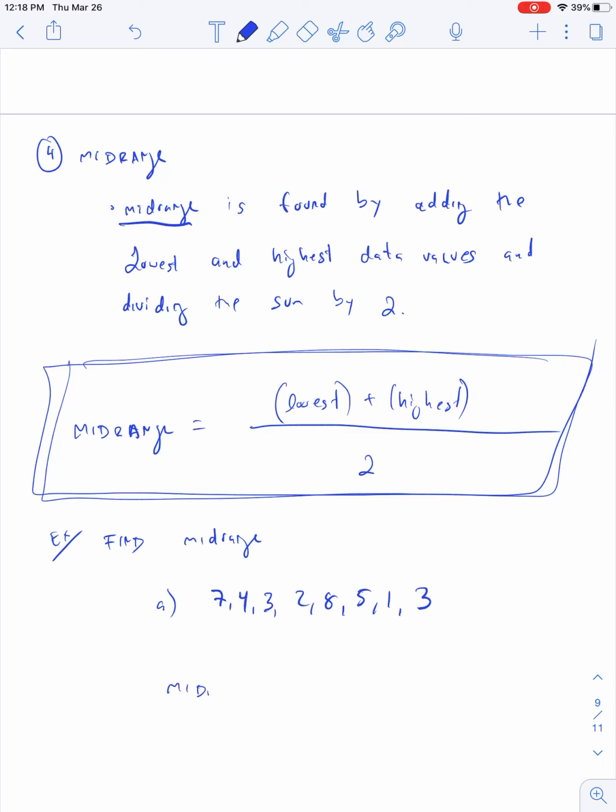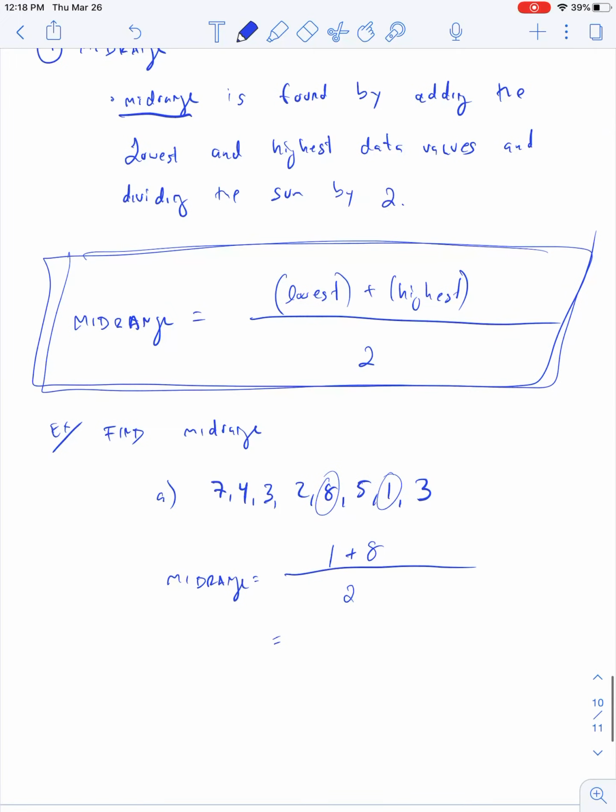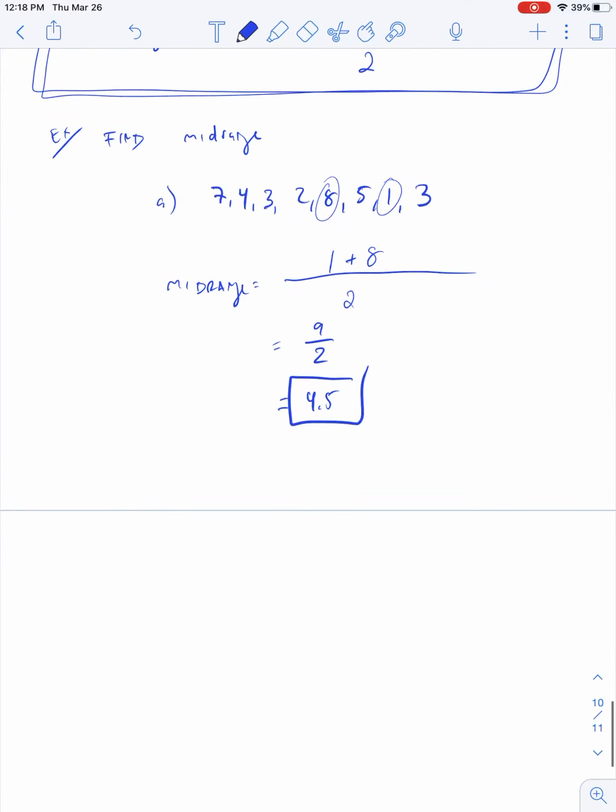So what is our lowest number? 1. What is our highest number? 8. And we divide that by 2. Right, so to get 9 over 2, so 4.5 is our mid-range.